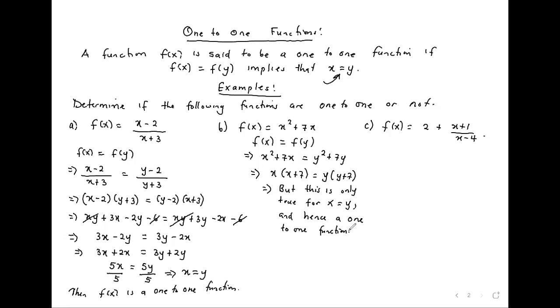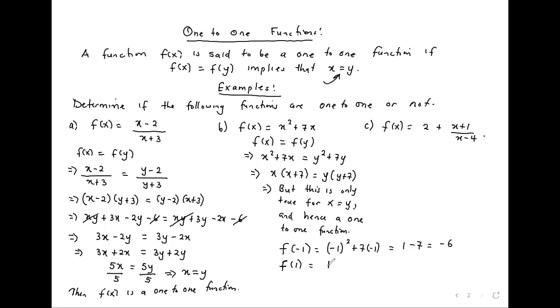What makes it 1-to-1 is, let's try -1. What is f of -1? That would be -1 squared plus 7 multiplied by -1, which is 1 minus 7, which is -6. If this function is not a 1-to-1, when we use 1, we must get the same thing.